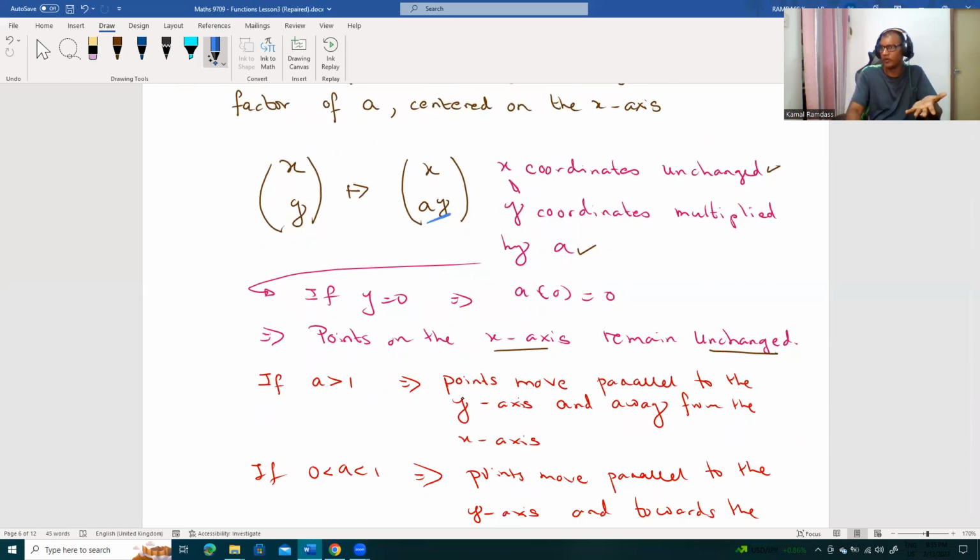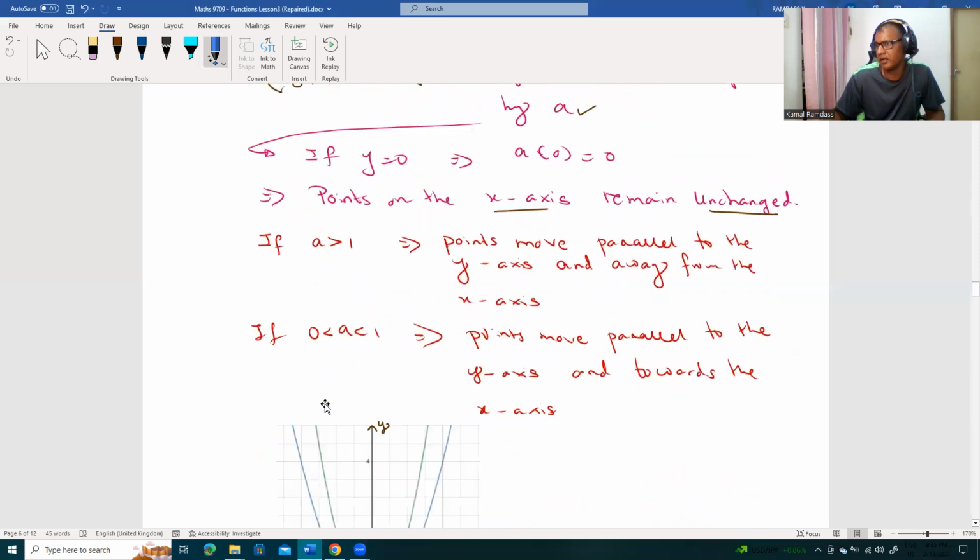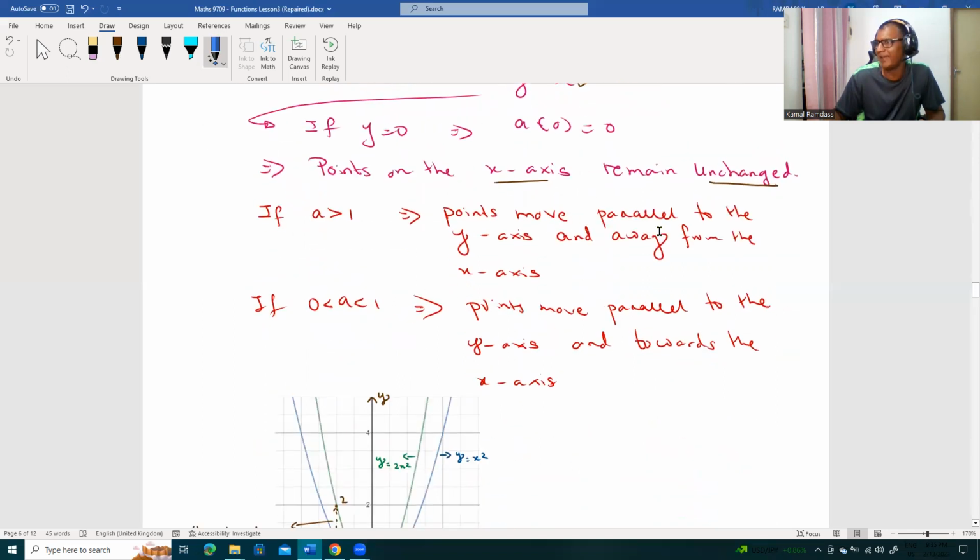Parce que y est 0. Bon, maintenant, si a plus grand que 1, point will move parallel to the y-axis and away from the x-axis. Si a moins que 1, plus grand que 0, point move parallel to the y-axis and towards the x-axis.